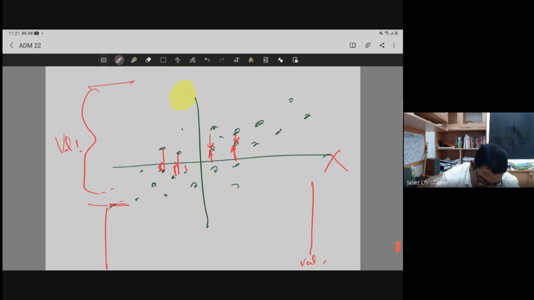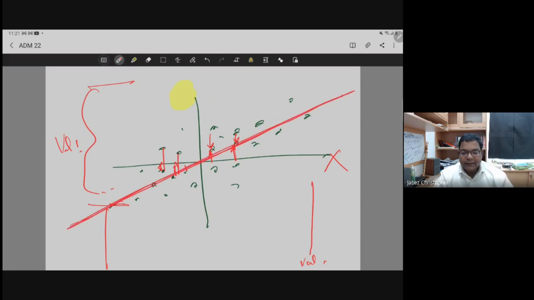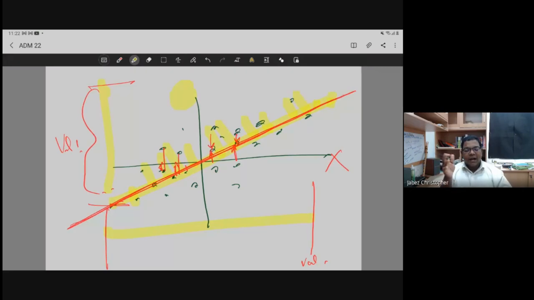So assume that I have a plane like this, then definitely the projection of these points on this plane would capture a much greater variance than this. The projection of the green points on the red plane will be better than the projection of the points on their original axes or the original planes like X or Y.